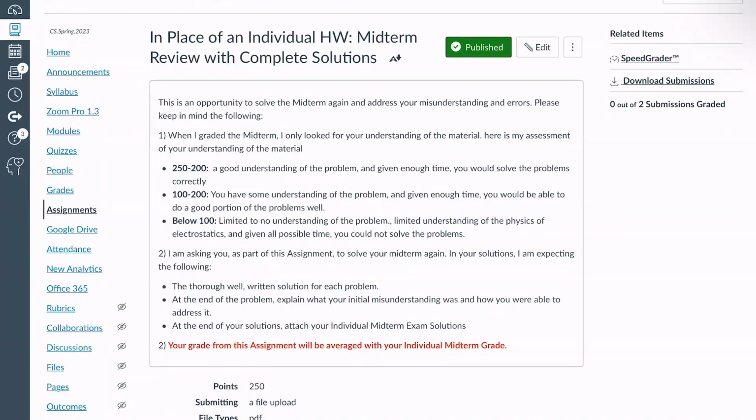So how I graded the midterm: there's a great deal of people who got 200 and above. And even for those who got 250, what I graded was your understanding of the problem and whether you knew exactly how to approach it, and my understanding of whether you would be able to find the correct solution had I given you enough time.